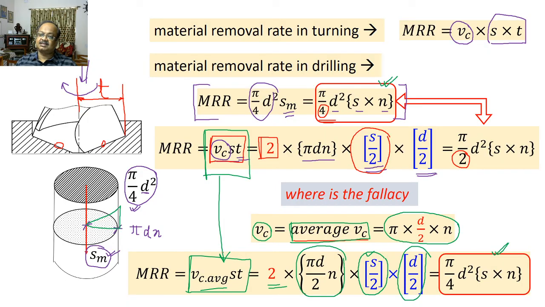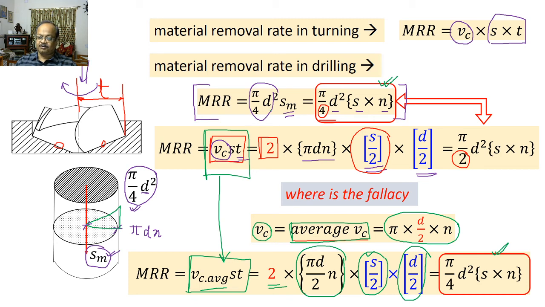So how do we answer that question? Yes, in drilling as well, we can estimate material removal rate as Vc into S into T. Only thing is that instead of peripheral cutting speed, you have to find out the average cutting speed, and then this approach would also hold good.